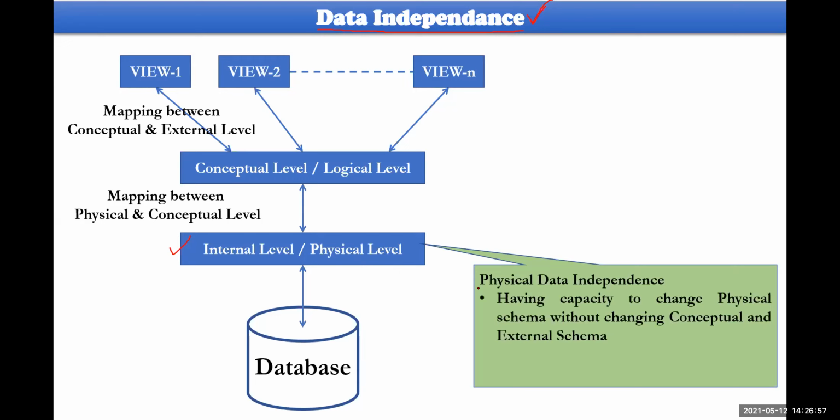Physical data independence has the capacity to do modifications at the internal level, and they will not cause any changes in both the conceptual and external schemas. So if any modification is done at the internal level, they will not be affected.